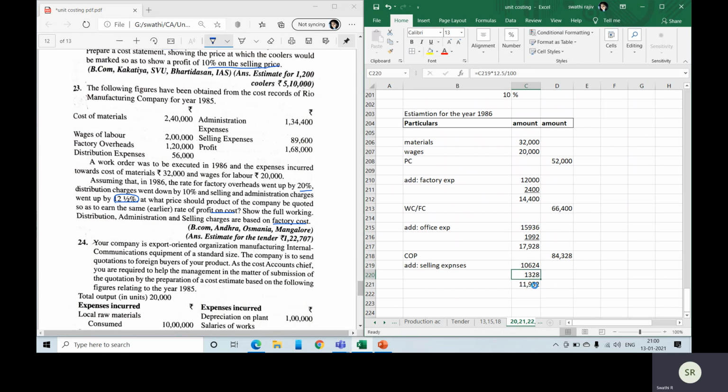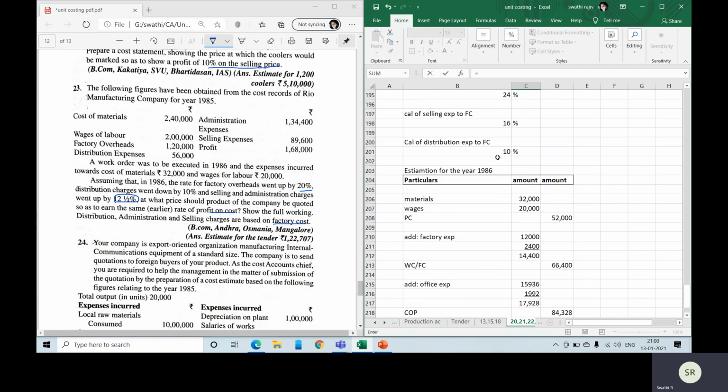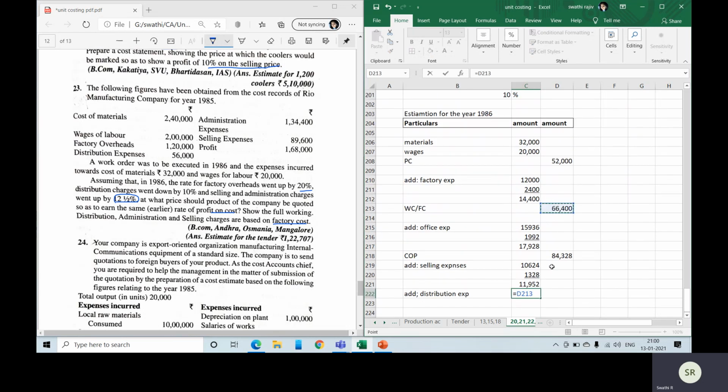Now I can't enter this yet, because I have to add my distribution expenditure as well. What is distribution expenditure again? It is a part of works cost: 10%, so into 10 divided by 100. But here distribution expenditure has gone down, so we have to deduct it.